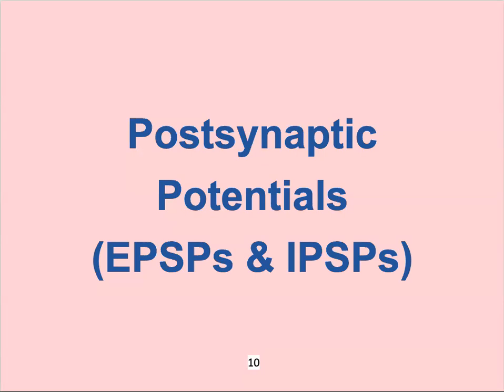We're now going to move on to talking about postsynaptic potentials, EPSPs and IPSPs. A postsynaptic potential is a specific type of graded potential that occurs in the postsynaptic neuron.